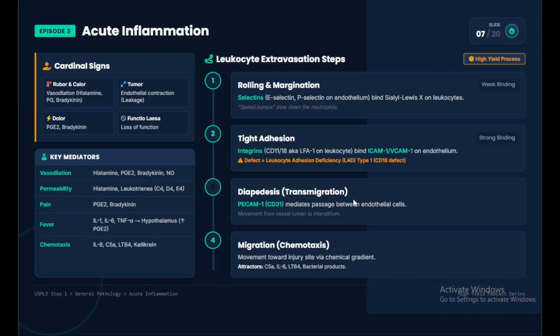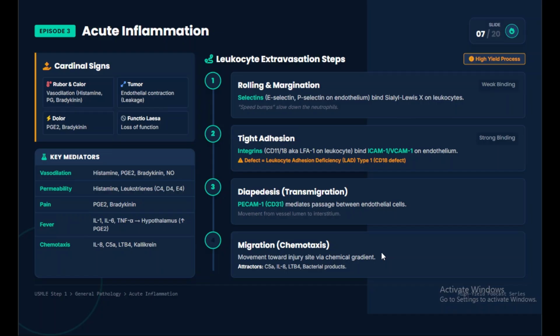The third step is diapedesis, which is the transmigration, and the neutrophil squeezes between the endothelial cells. This is mediated by PECAM, CD31, and it is like the neutrophils are sliding through a narrow doorway to get into the tissue. The fourth step is migration, in which the neutrophils move towards the site of injury following a chemical gradient.